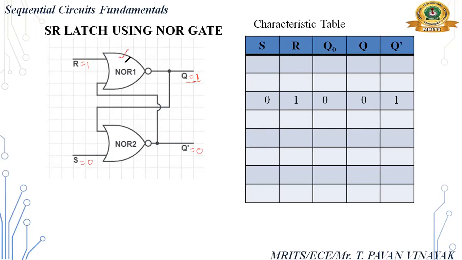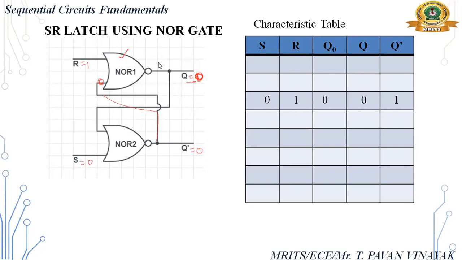This one is activated first because R is equal to 1. So Q is 1 means Q bar is 0. So Q bar comes here because of the cross coupling. So 1, 0 means NOR gate output is 0.